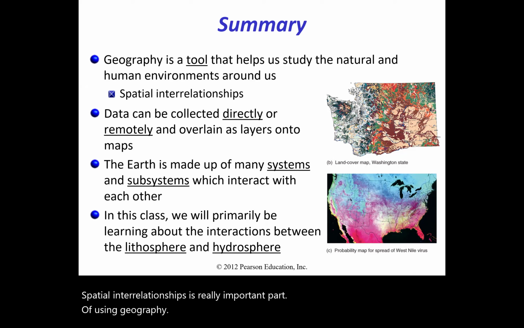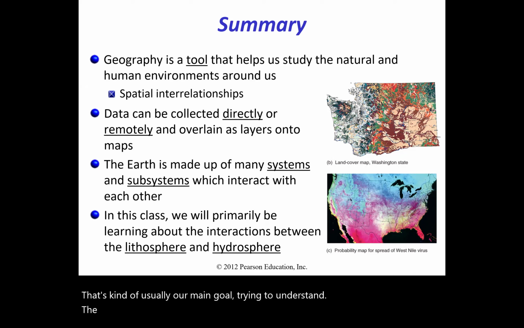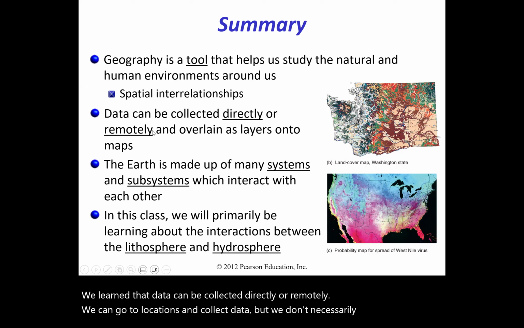That's usually our main goal, trying to understand the spatial relationships between different attributes. We learned that data can be collected directly or remotely. We can go to locations and collect data, but we don't necessarily have to. We have remote sensing technology.